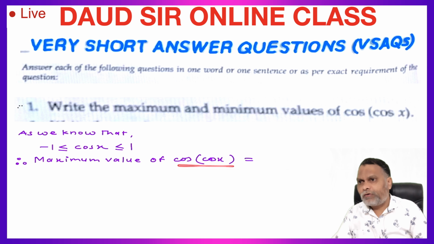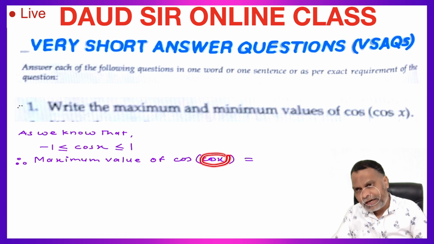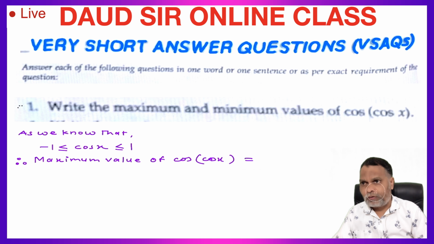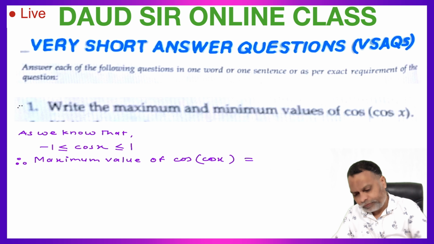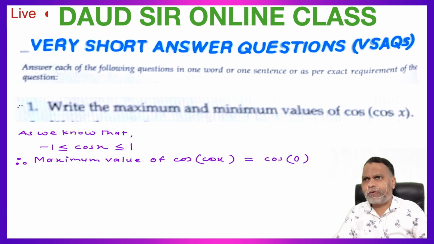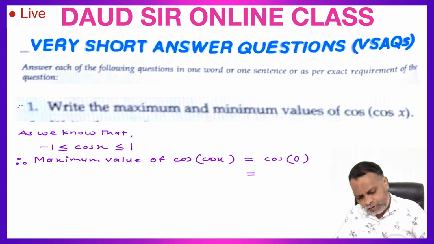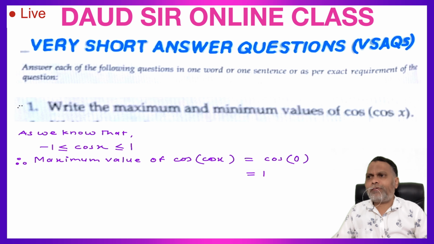For this maximum value 1, this input x should be 0. At x equal to 0, the value is 1. So we can write this cos of 0. And you know the value of cos 0 is 1. So this is the maximum value of cos x, 1.